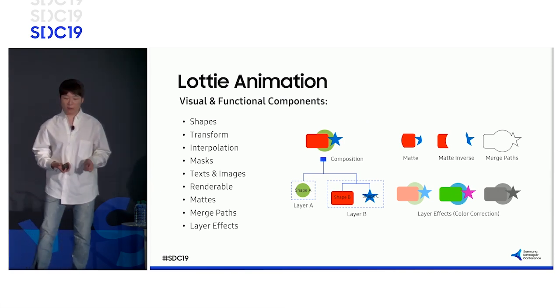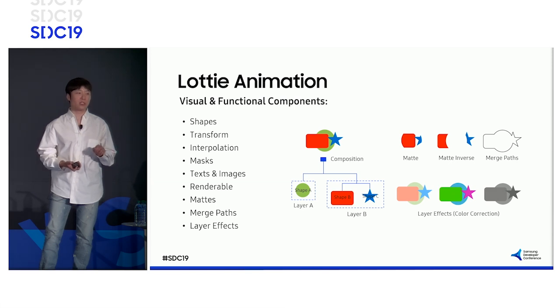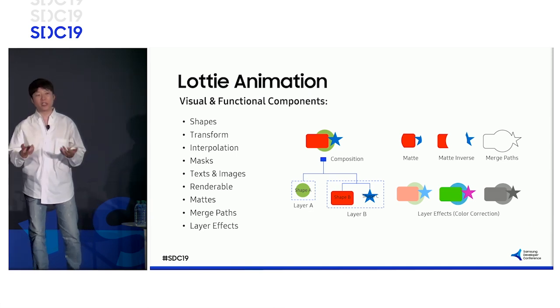I just pointed out a few components in the list, but actually there are more specifications of Lottie visual and functional components. And I think you can visit the After Effects online site to check the documentation for more details later.